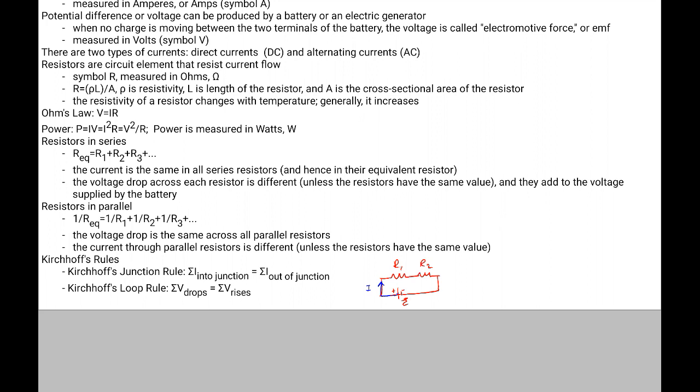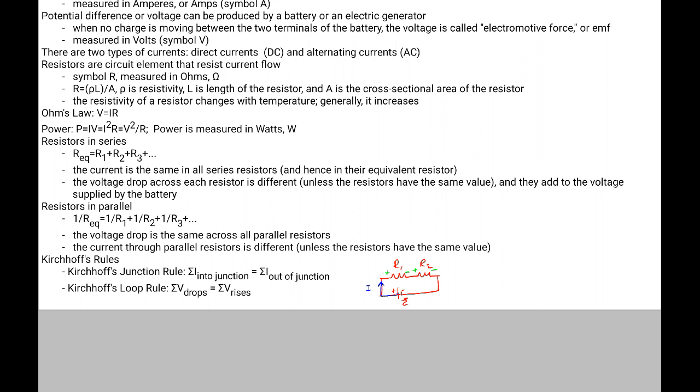So then we can label this side of the resistor as the positive, and then the potential will drop from plus to minus as it goes through the first resistor. In the next little branch here, the potential is going to be the same, but then it will drop again across the second resistor. So there will be another drop, plus minus, and then the current will just continue going back to the battery.